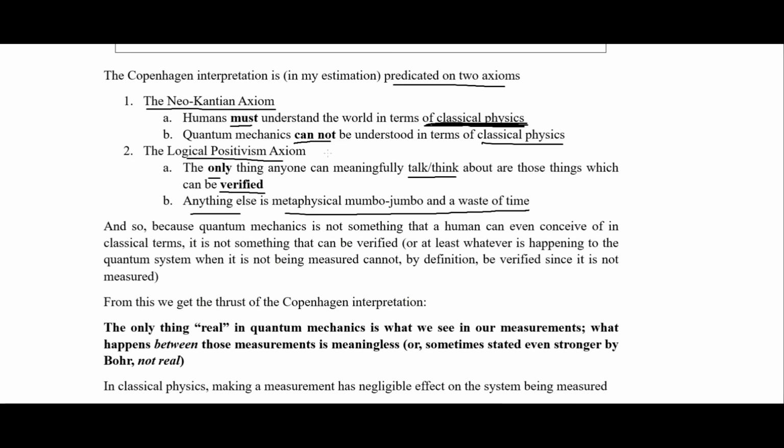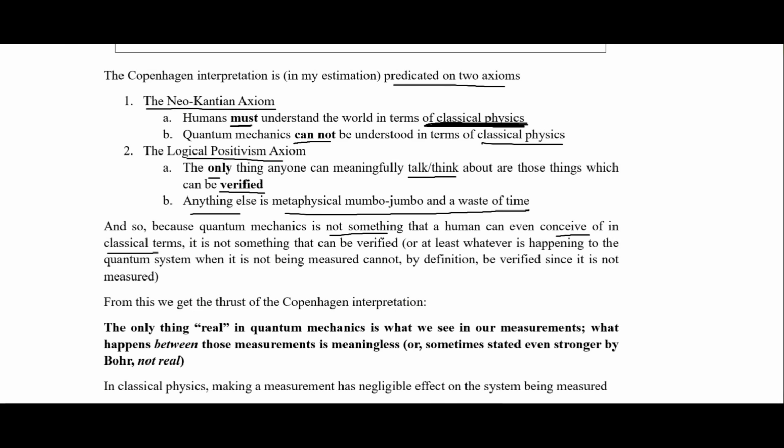We should only trust what can be ascertained through the senses. And so because quantum mechanics is not something that a human can even conceive of in classical terms, and the Neo-Kantian axiom says that we must understand the world in terms of classical physics, it is not something that can be verified.